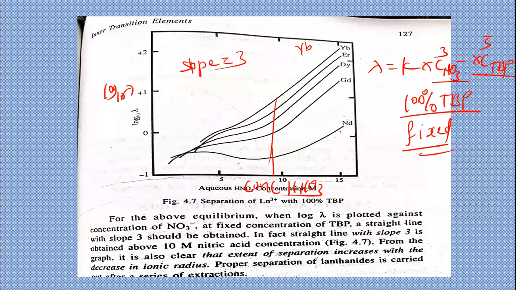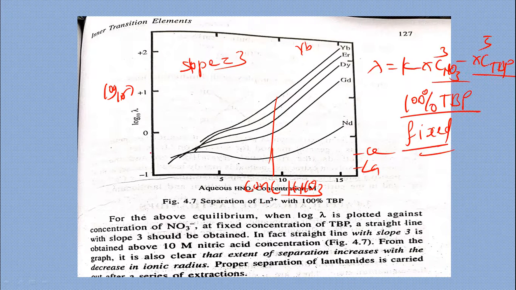You can see the nature of the graph for neodymium. It is not a fully straight line, but for ytterbium, erbium, it is likely to be a straight line here. Then for lanthanum here, cerium here. So we can say that the extent of separation increases with decrease in ionic radius.